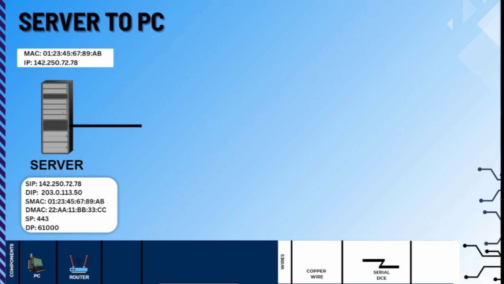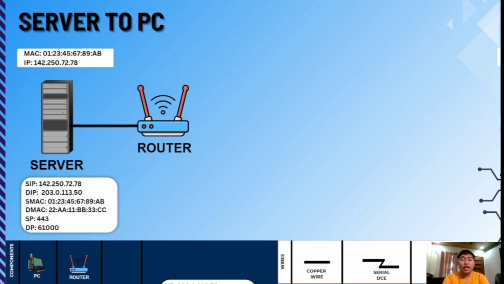Step 2. The first router receives the packet. The packet reaches the first router, which is connected directly to the server. The router checks the destination IP address, the DIP, and compares it with its own public IP. Since the destination IP matches its IP, it understands the packet is for further internal routing before forwarding the packet.